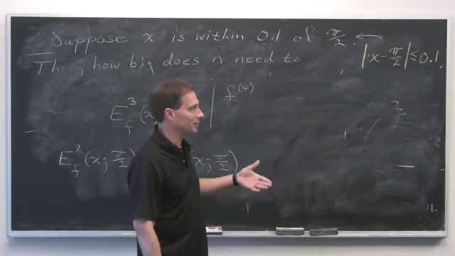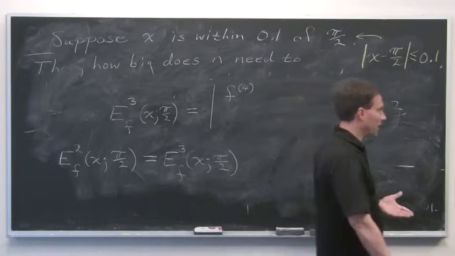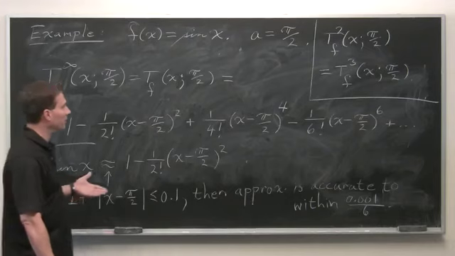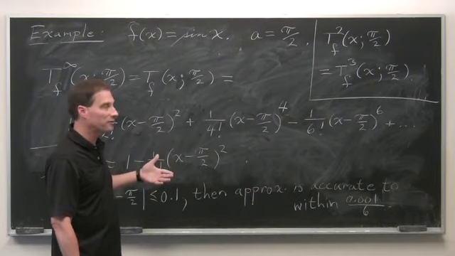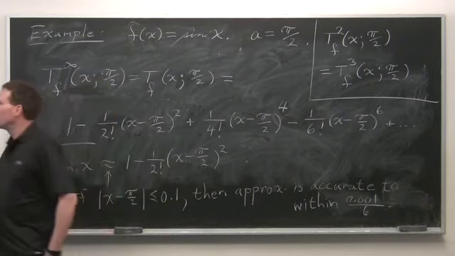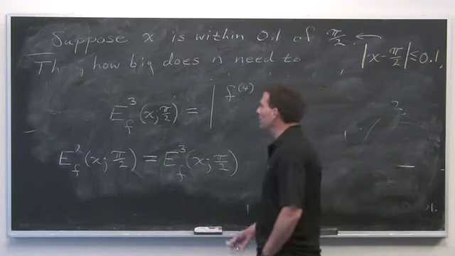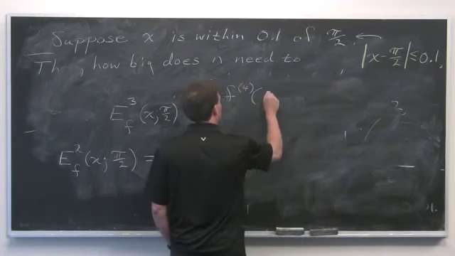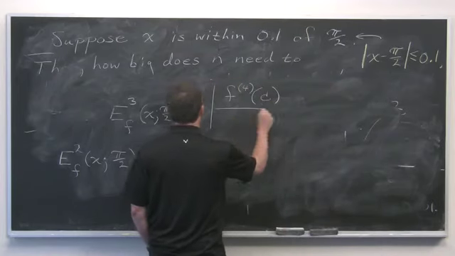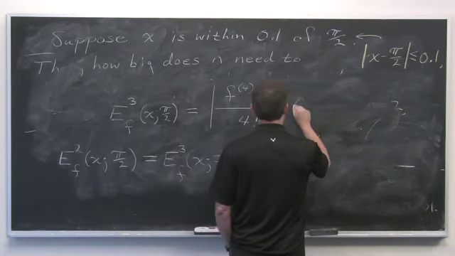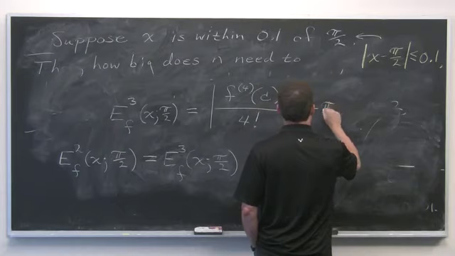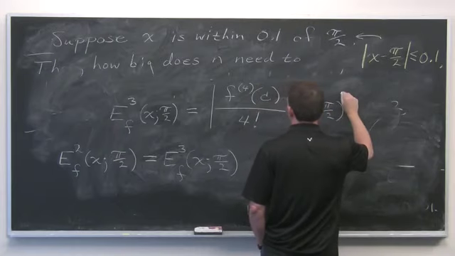The first derivative is cosine, and the second derivative is minus sine, and the third derivative is minus cosine, and the fourth derivative is sine again. So it's sine, but that doesn't do anything for us because it's still evaluated at this mysterious c, divided by 4 factorial times x minus pi over 2 to the fourth.